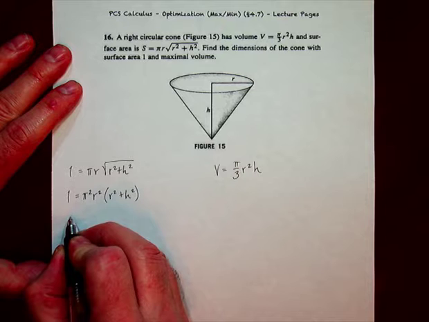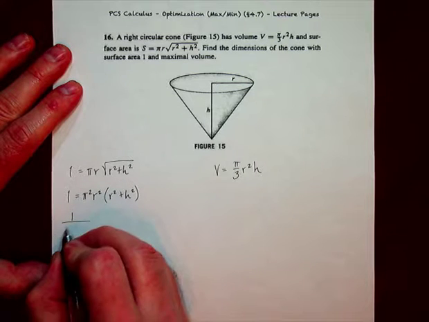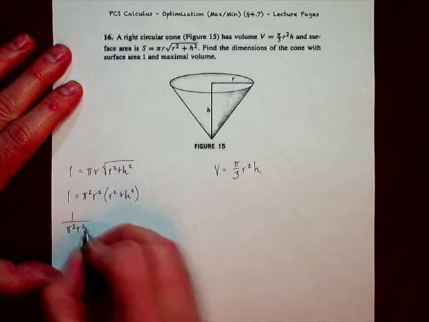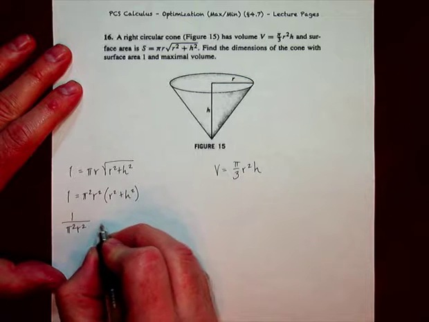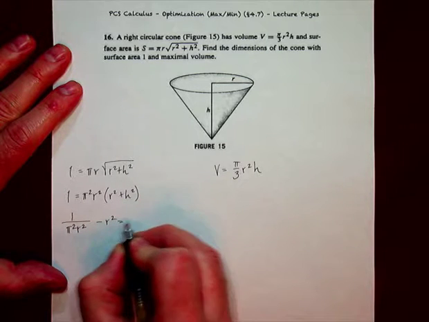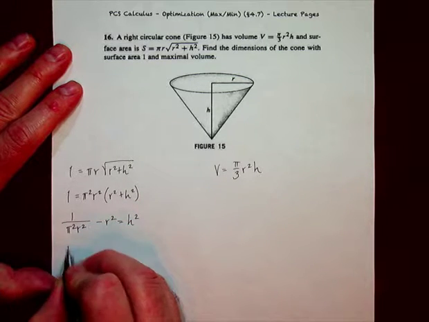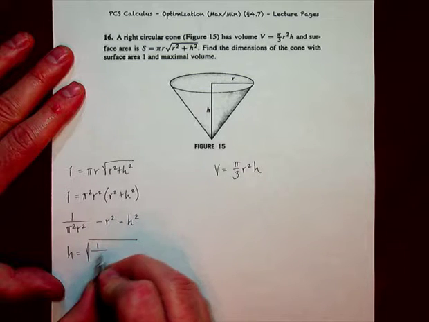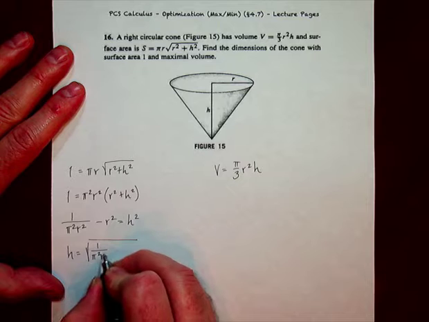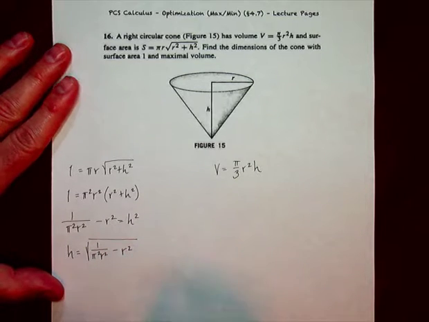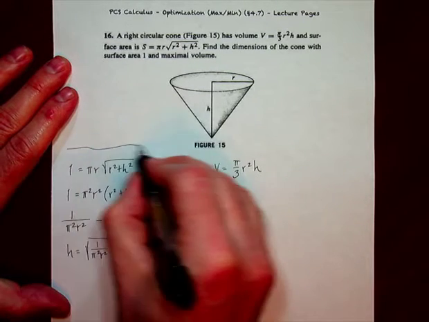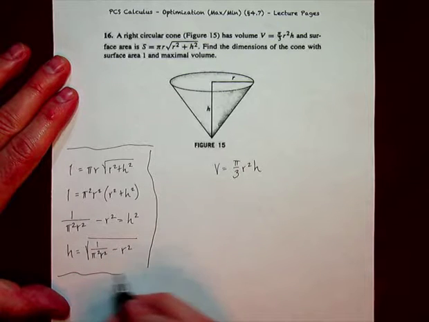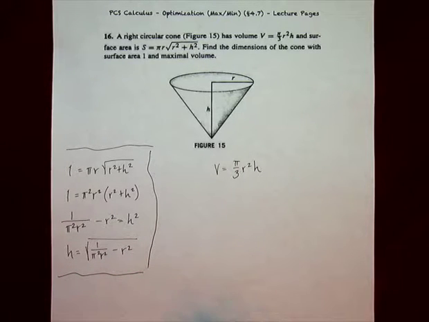So be careful about that. So I have 1 over pi squared r squared, and then I have to, of course, subtract r squared, and that's equal to h squared. So h equals the square root of 1 over pi squared r squared minus r squared. And if you're thinking, gosh, that's ugly, yes, it is, okay?